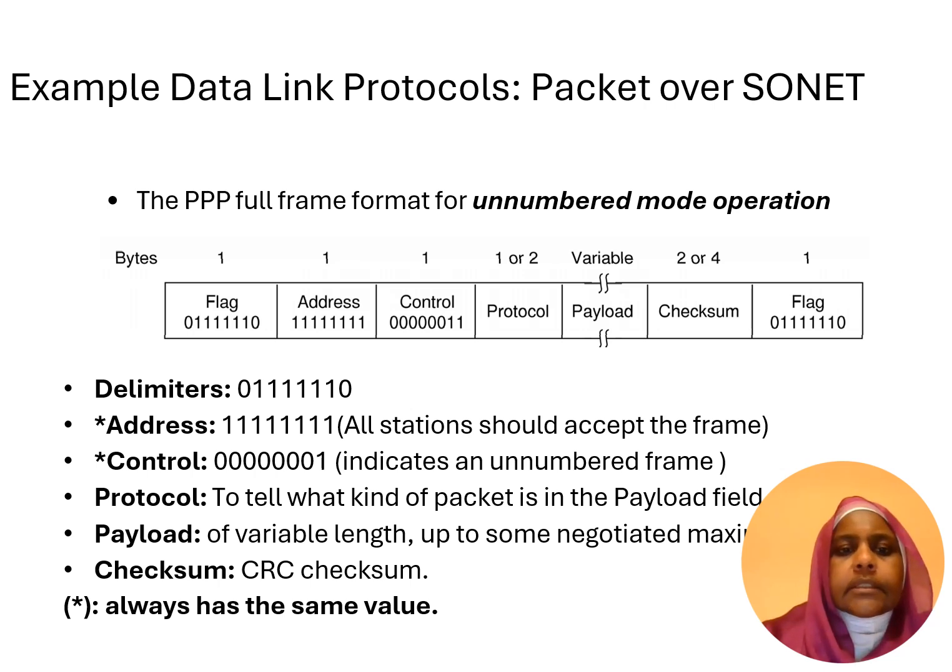A payload which contains the upper layer protocol packet, and a checksum to identify any errors in the transmission. The two fields, address and control, always have the same value.